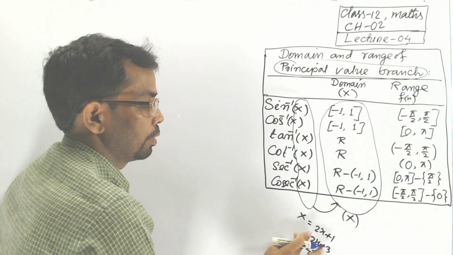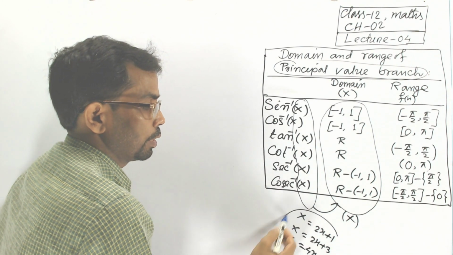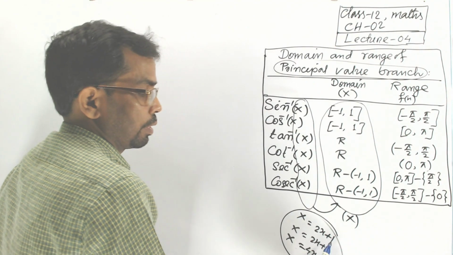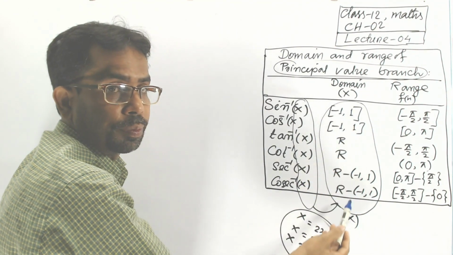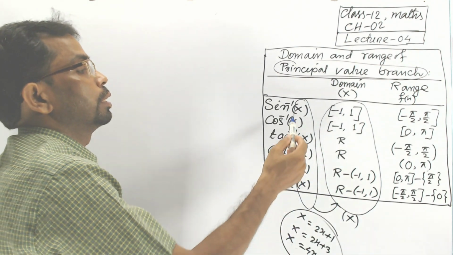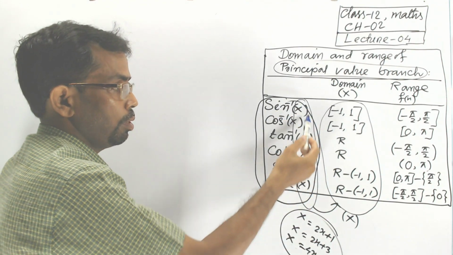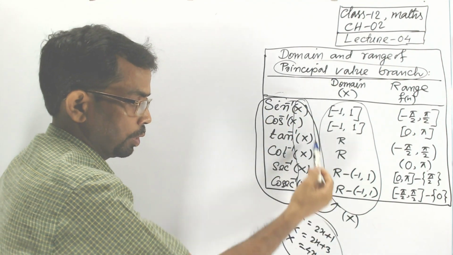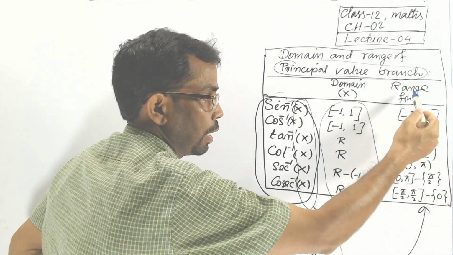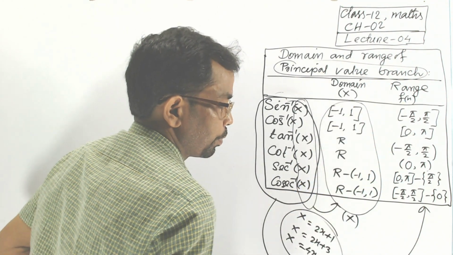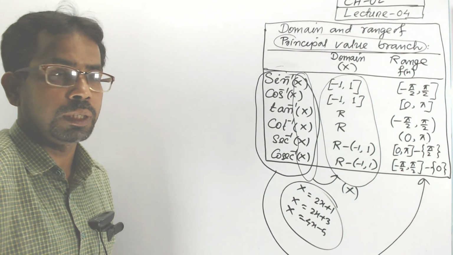So whatever function of x we have, that function must lie in this domain. First column is the domain, and the whole f(x), that means the whole cos inverse, sine inverse, tan inverse, whatever it is, the whole value must lie in the second column, which is the range. While solving, the concept will become more clear.